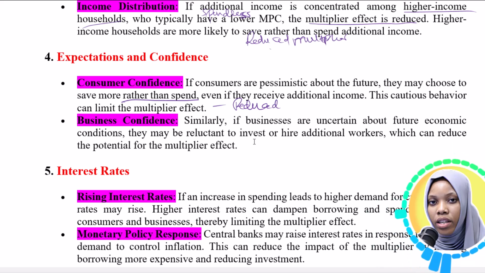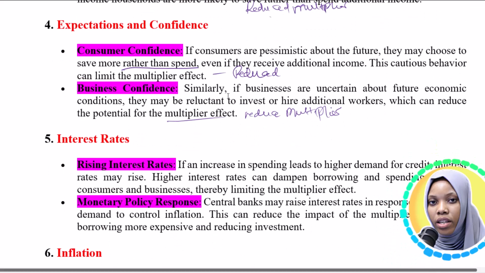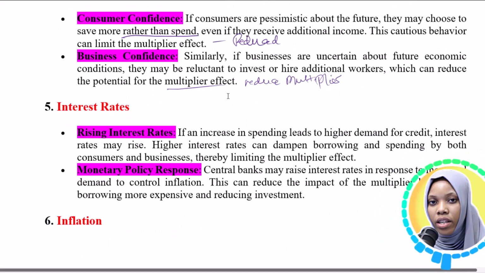Similarly, if businesses are uncertain about future economic conditions, they may be reluctant to invest or hire additional workers, which can also reduce the multiplier effect. We have said to multiply, we have to spend. You have to spend more for the multiplier effect to be felt.